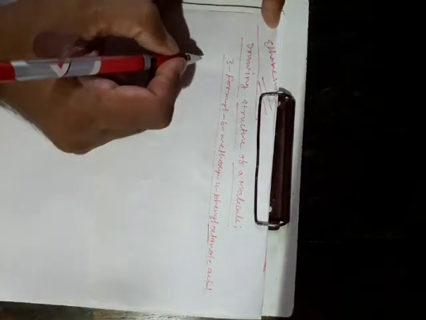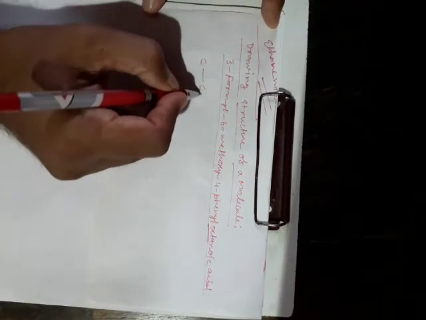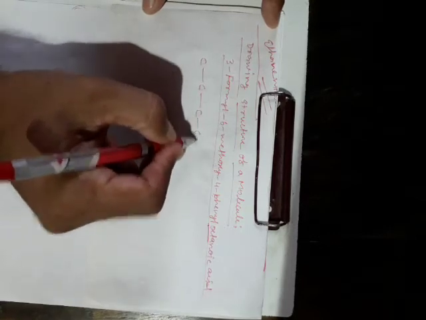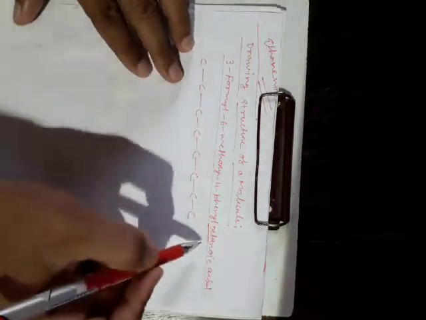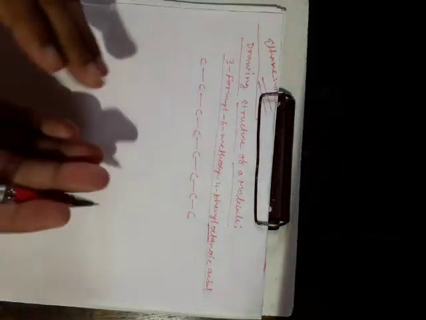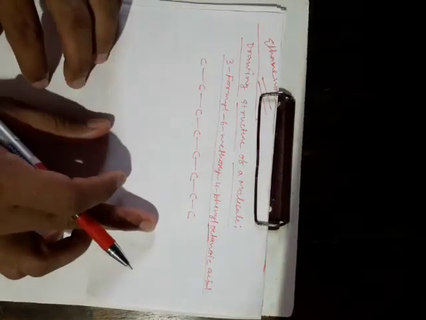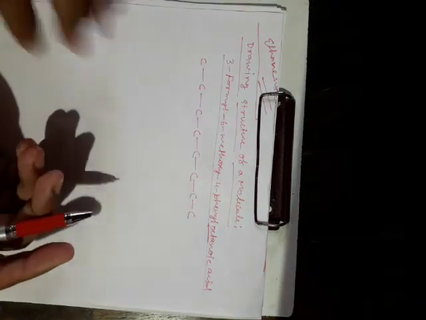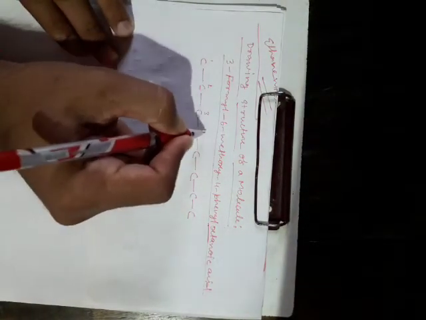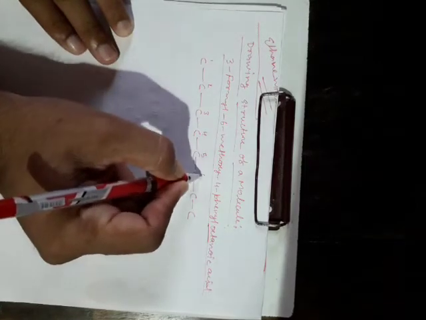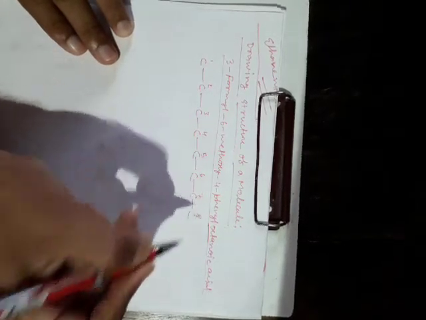For example, oct is 8, so C 1, 2, 3, 4, 5, 6, 7, 8. 8 carbon atoms are present in the molecule. Now numbering is started from either end of the carbon skeleton as we like: 1, 2, 3, 4, 5, 6, 7, 8.